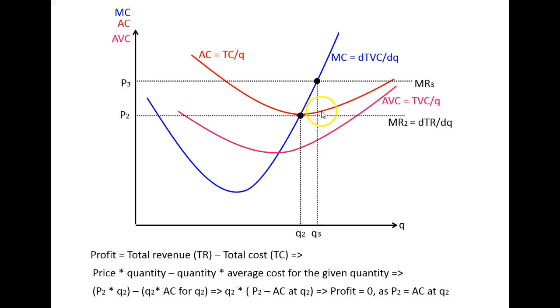And then we have the average cost times Q3, a little bit smaller rectangle down here. Now it's time to use the parentheses we have down here. Instead of P2 and the average cost at Q2, we have P3 up there, and the average cost for Q3, which is down there. So we see that we have a positive difference between the price and the average cost. So if we are producing and selling Q3 units at the price of P3, we will receive a profit that is greater than 0.